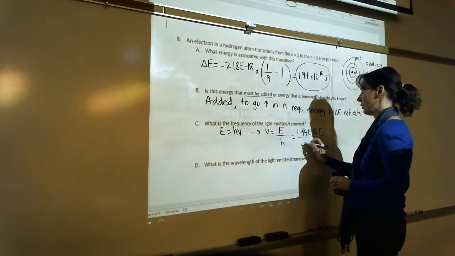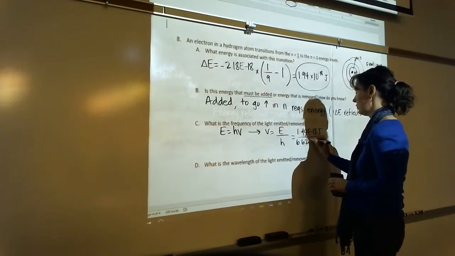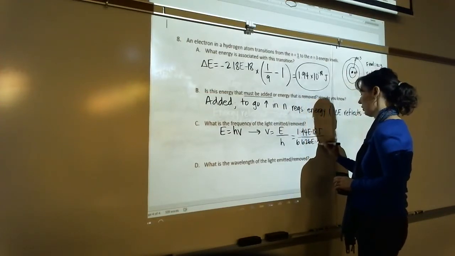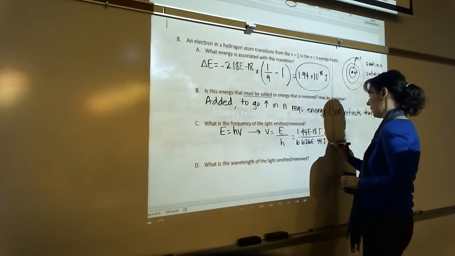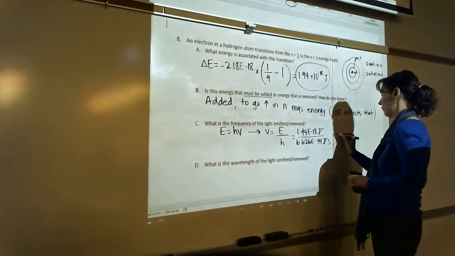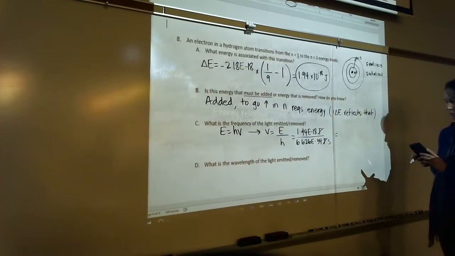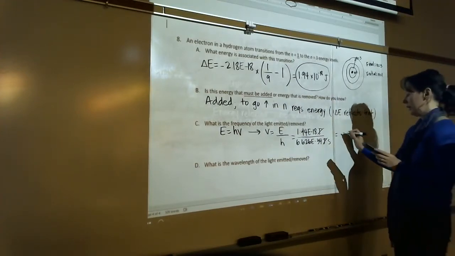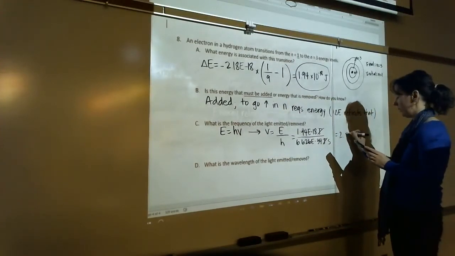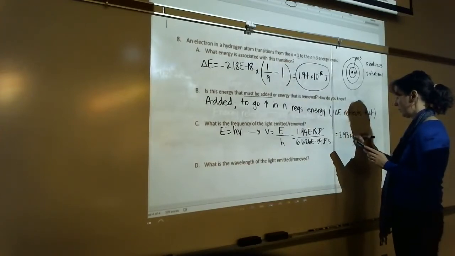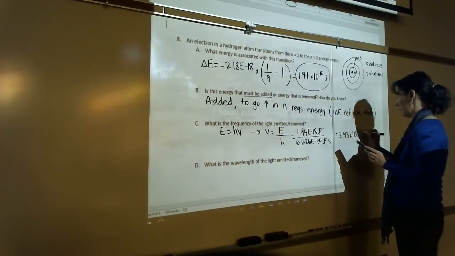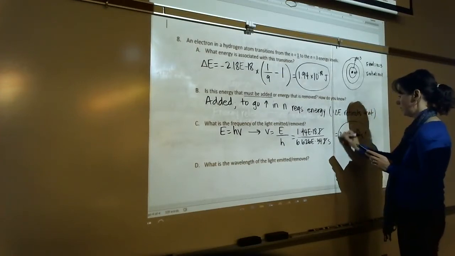Divide that by Planck's constant, 6.626 times 10 to the negative 34th joule seconds. Joules cancel, I'm left with seconds inverse. 1.94 times 10 to the negative 18th divided by 6.626 times 10 to the negative 34th. I get 2.93 times 10 to the 15th hertz.